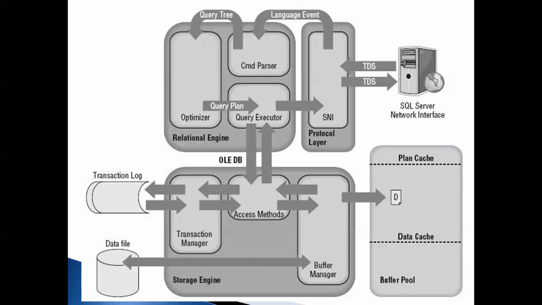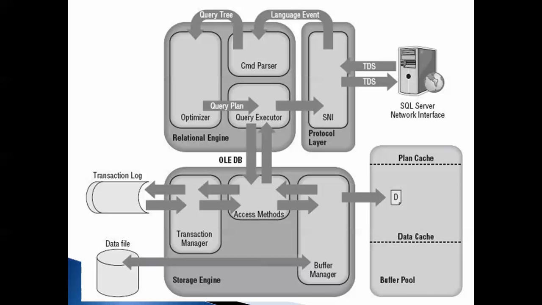Now from the buffer manager, as you are able to see, the query moves to the data file. In the data file, as per the execution plan, the query knows the address of the table, and it also knows the access method to access the table.